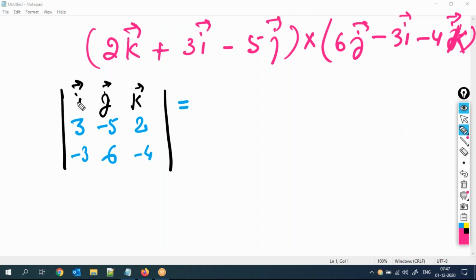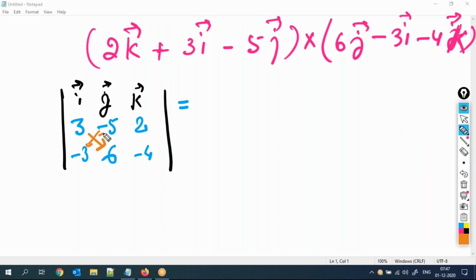Remember, I cross I is 0, so we don't take it. I cross j is positive and j cross I is negative. Yes or no? Yes, sir. That is why we take this positive and we take this negative.